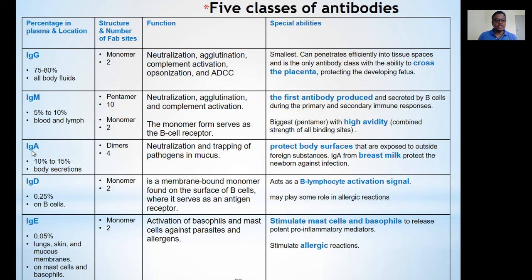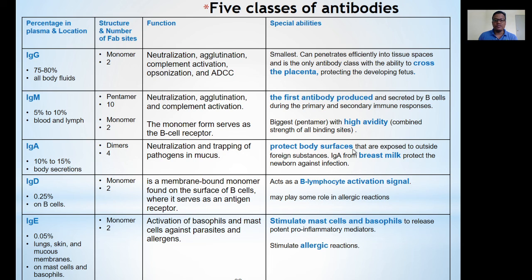Third, the IgA, which can be found in the body secretions. They exist mostly as dimers, where two monomers attach to become a dimer. They function in neutralization and trapping of pathogens in the mucus.